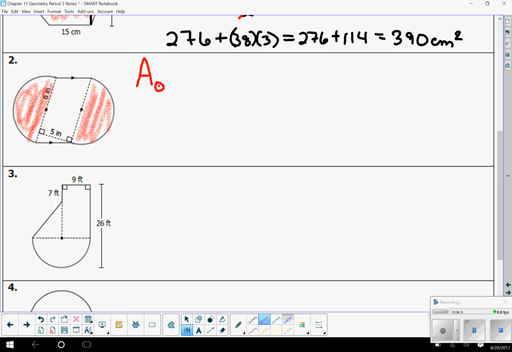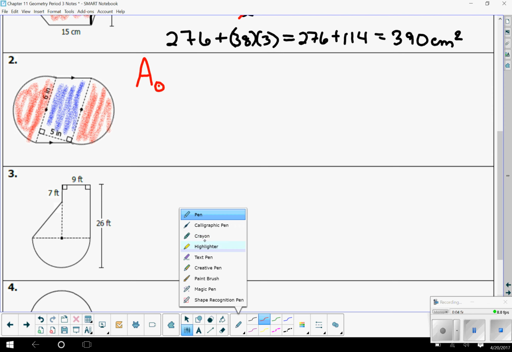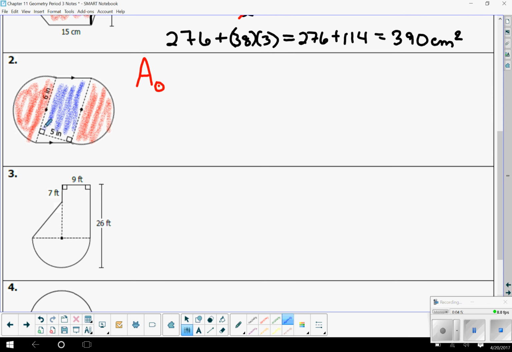For this, we have the area of a rectangle or a trapezoid? Actually, we go all the way across.